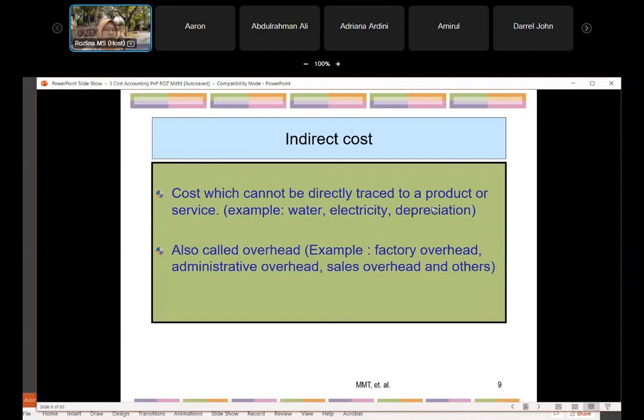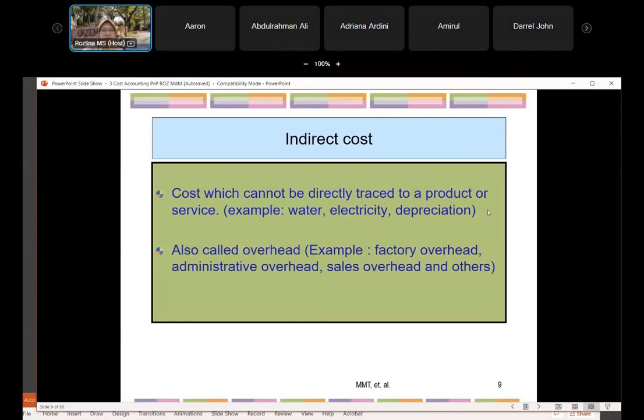Depreciation. Depreciation means susut nilai. A building does not have depreciation, but a car or lorry, furniture, transportation, they have depreciation. It will be calculated year by year, with a percentage of depreciation.